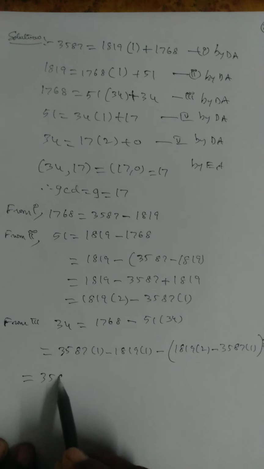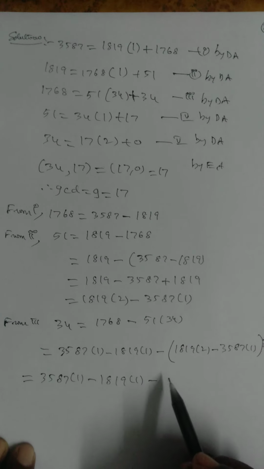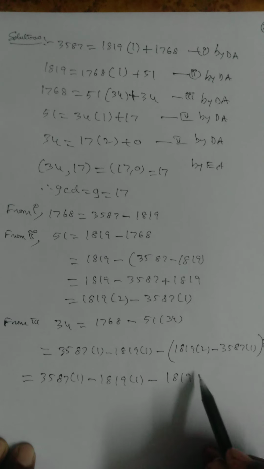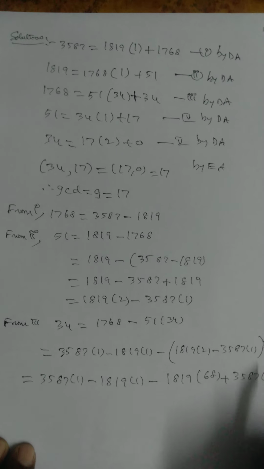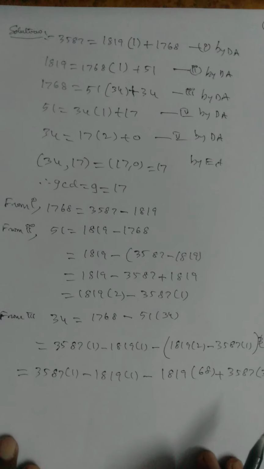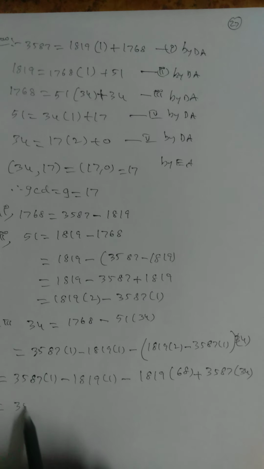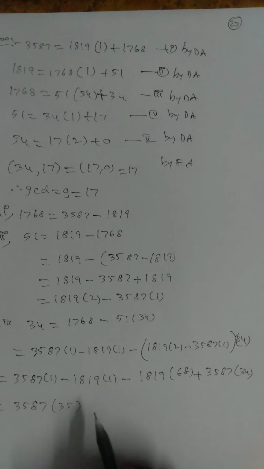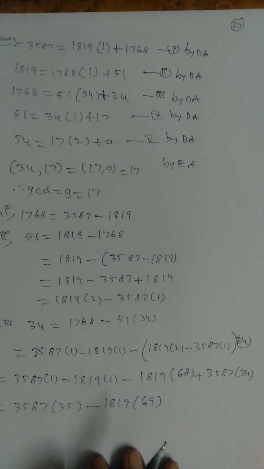So 3587 into 1 minus 1819 into 1 minus 1819, 2 into 34, 68, minus and minus plus 3587, 1 into 34. So 3587 into 35 minus 1819 into 69. Okay. This is the 34 value.